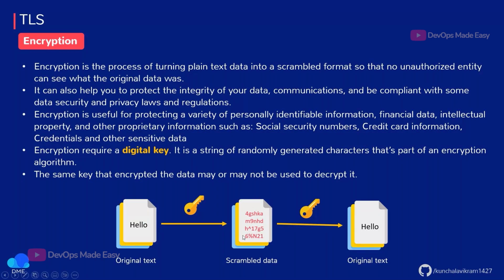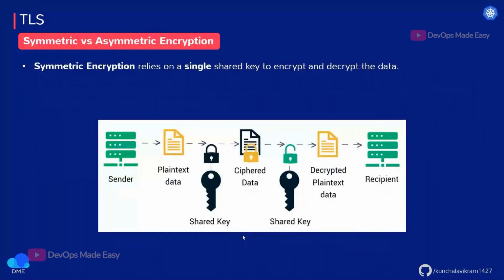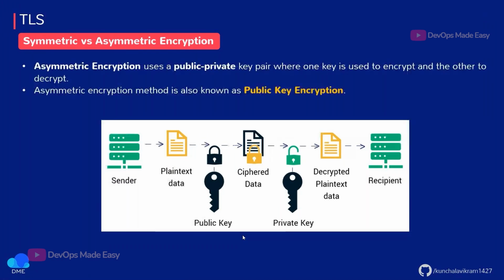And we have symmetric key and asymmetric key encryption, like symmetric and asymmetric cryptography. In symmetric encryption, you'll use the same key for encrypting and decrypting the data. In asymmetric encryption, you use public and private keys. So public key you'll use to encrypt, and private key can be used to decrypt the data.